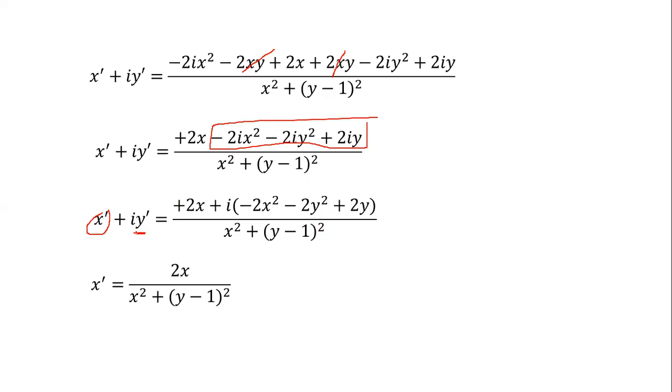And the imaginary part from the left-hand side is equal to the imaginary part from the right-hand side. Look carefully at y prime. I can take minus 2 as a common factor from the numerator, and the result will be in the following form.